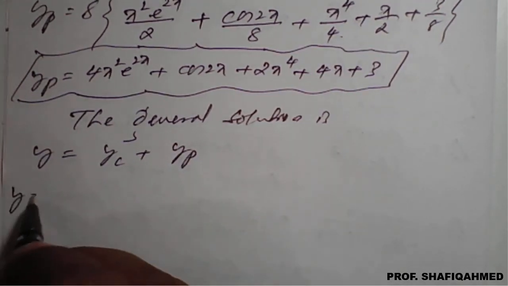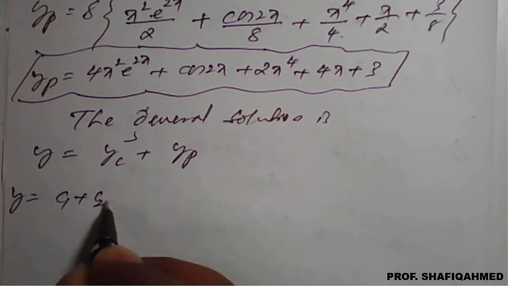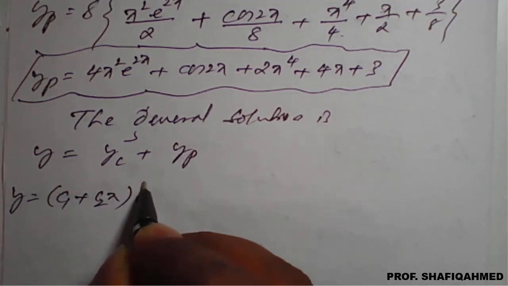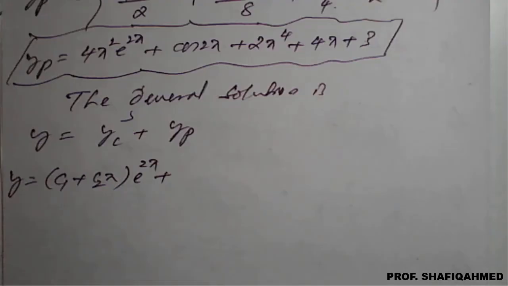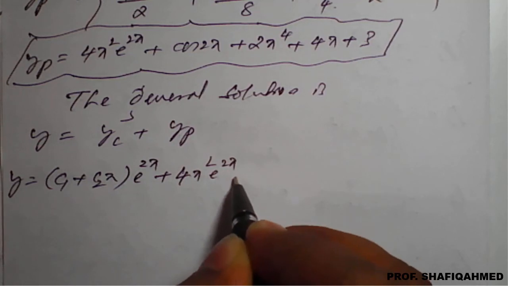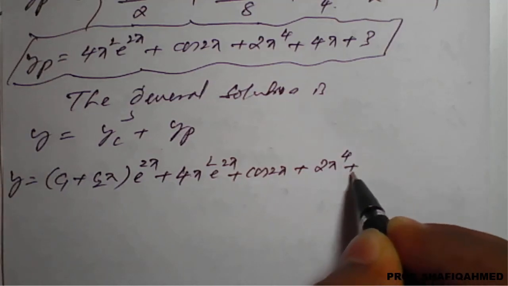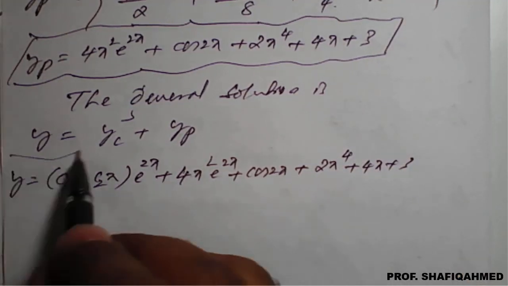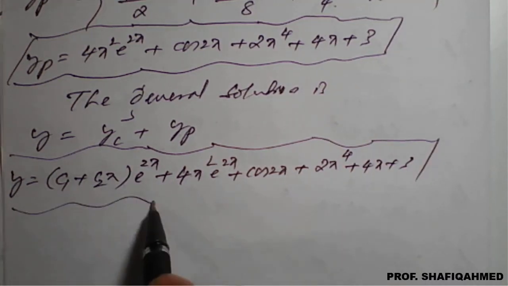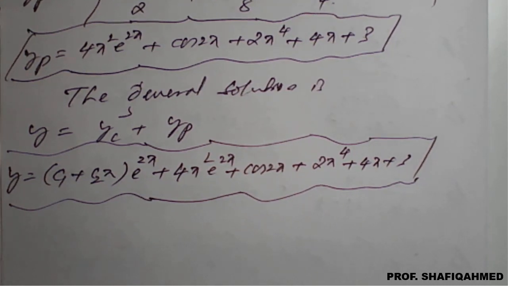So y is equal to the yc value we got, that is (c1 plus c2x) into e raised to 2x, plus this entire yp value, that is 4x square e raised to 2x plus cos 2x plus 2x square plus 4x plus 3. So this is the required general solution of the mixed type non-homogeneous differential equation. So in this way we have to simplify a problem based on this.